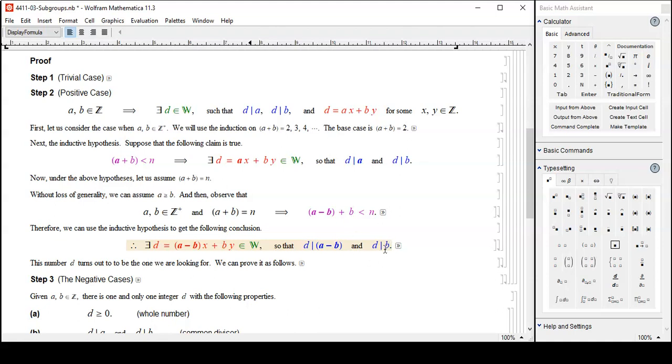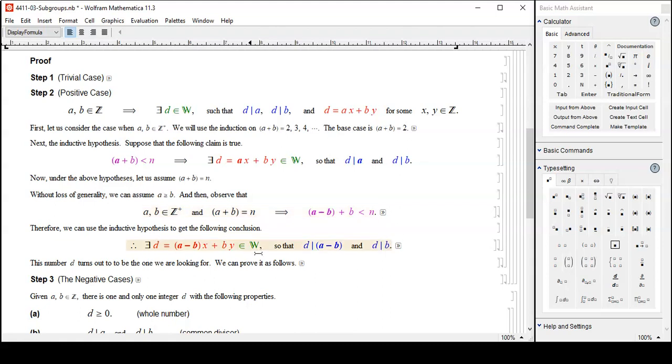So that's what I get by applying this inductive hypothesis for these two numbers, a minus b plus b, which is less than n. Okay, all right, we are almost there.